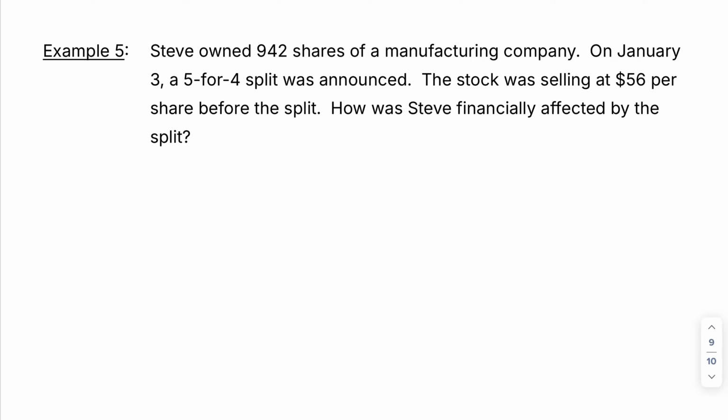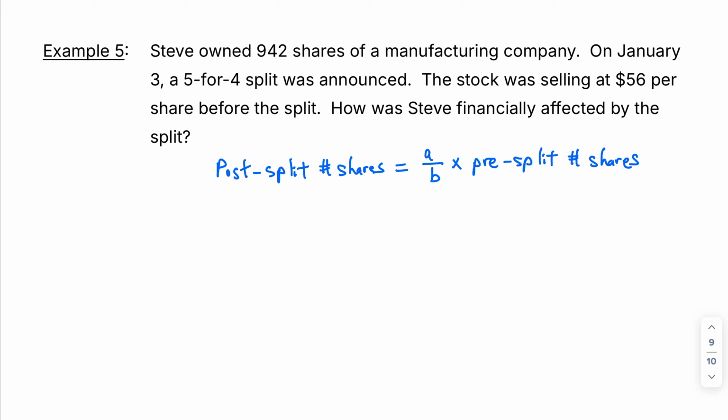But in this case, because this is a 5-for-4 split, I'm going to use the following equation, and that is post-split number of shares is going to be equal to what's called A over B times the pre-split number of shares. Okay, now the A over B is just that 5-for-4 split.